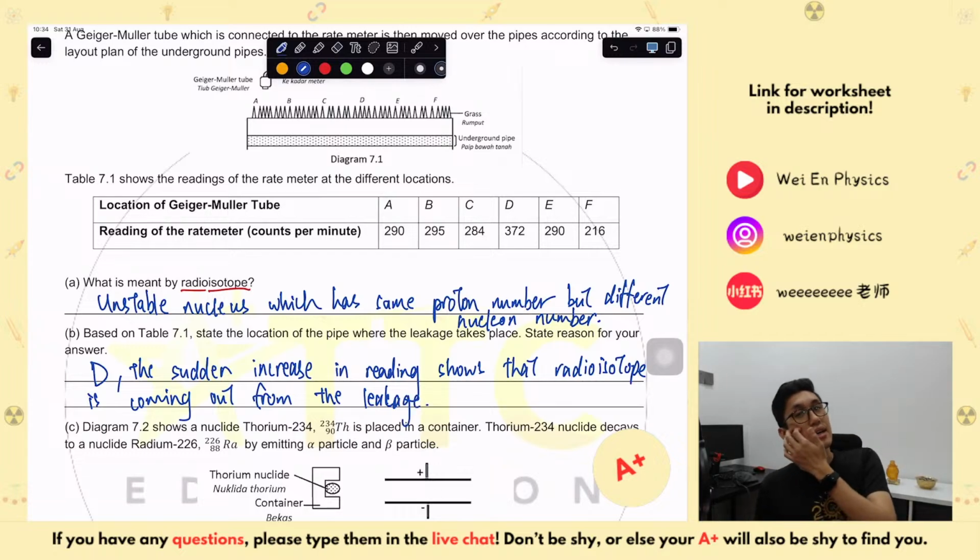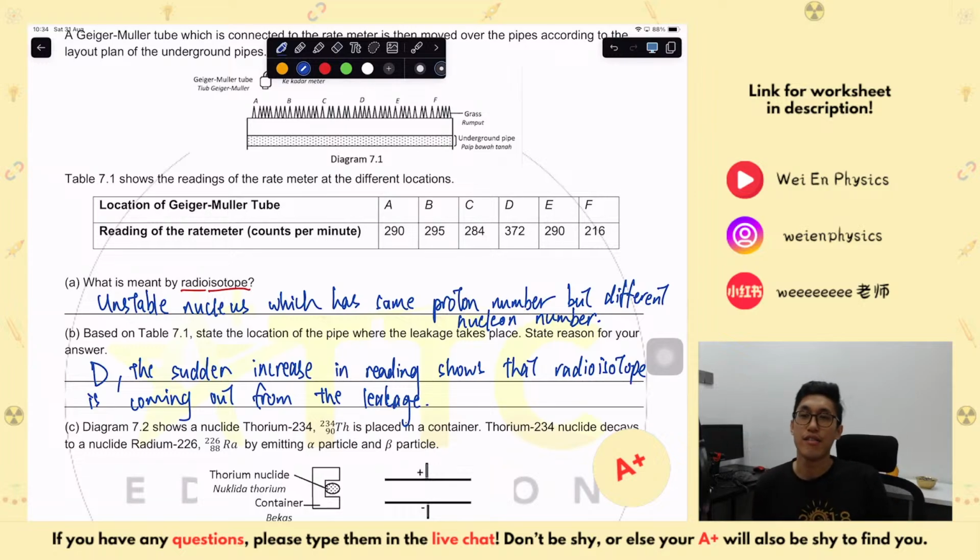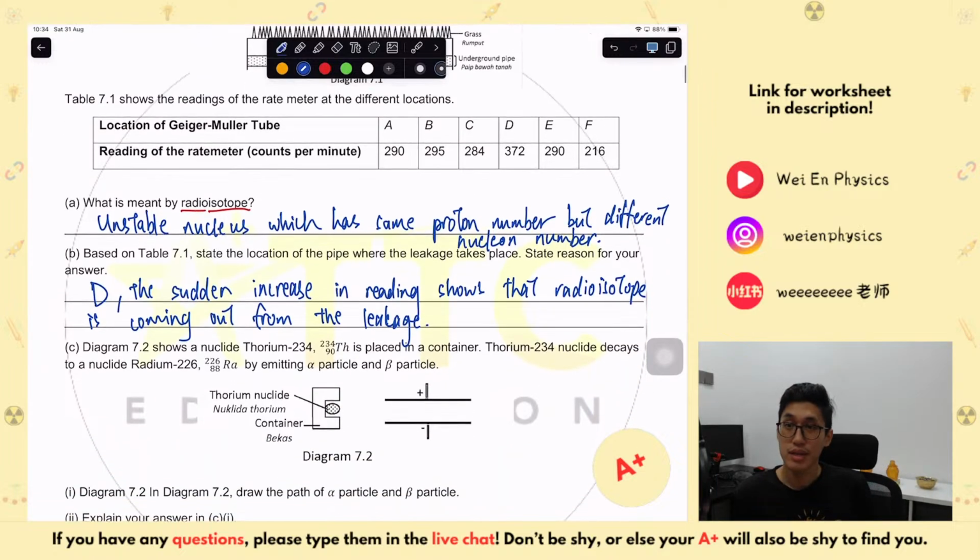Okay, the sudden increase in reading shows that radioisotope is coming out from the leakage.